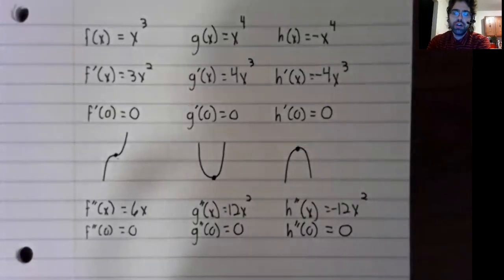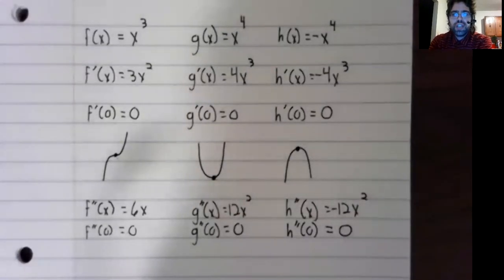So the temptation is to think that if the second derivative being positive means it's a local minimum, and the second derivative being negative means it's a local maximum, then the second derivative being 0 should mean it's neither a local minimum nor a local maximum.